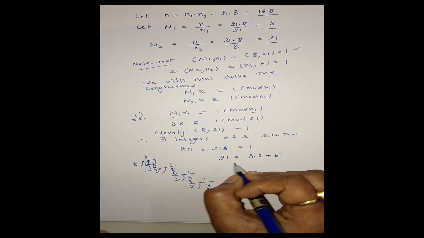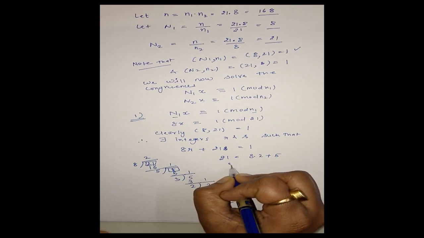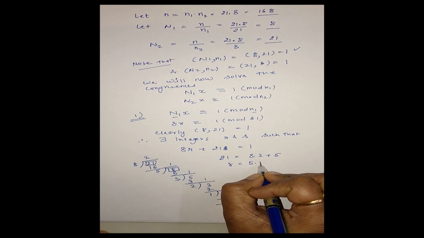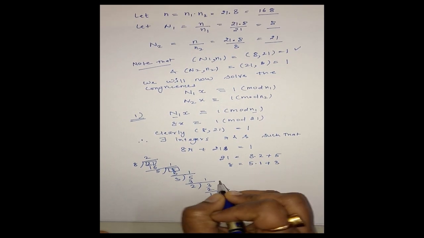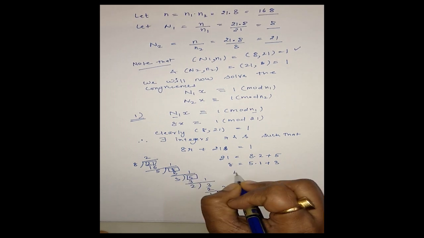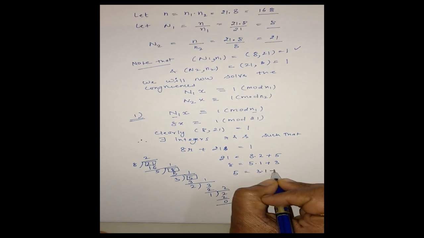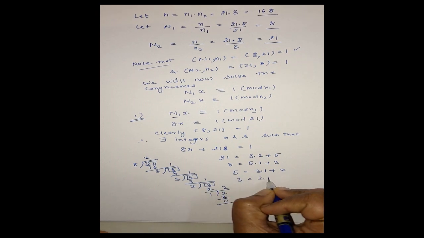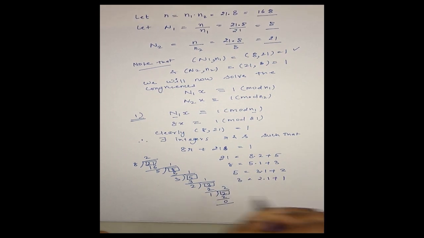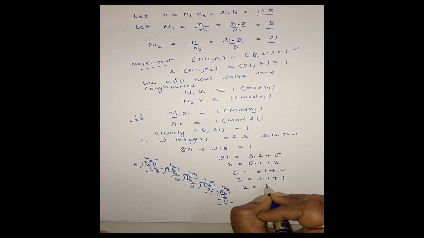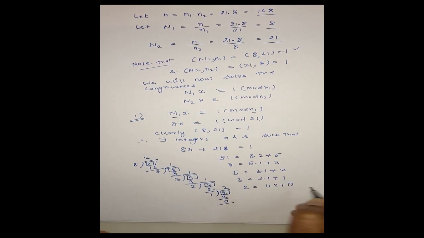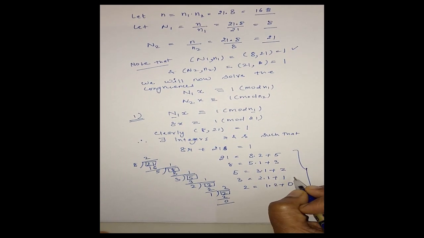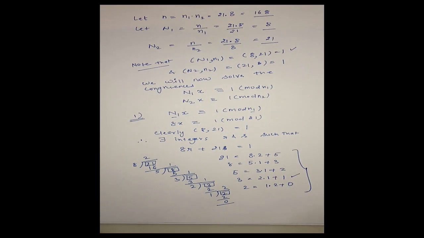Next, 8 can be written as 5 into 1 plus 3. Then 5 is written as 3 into 1 plus 2. Then 3 is written as 2 into 1 plus 1, and in the last step 2 is written as 1 into 2 plus 0. Clear? Now we will start with the second last step.